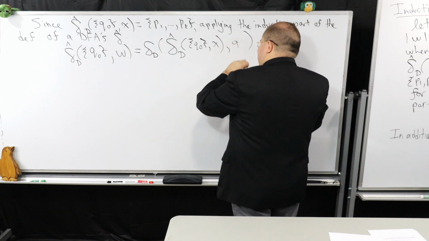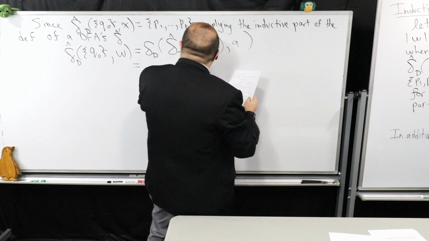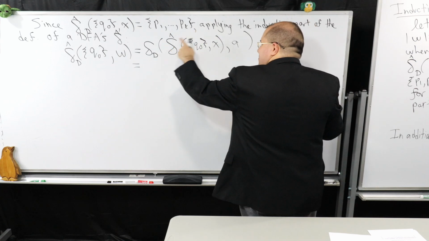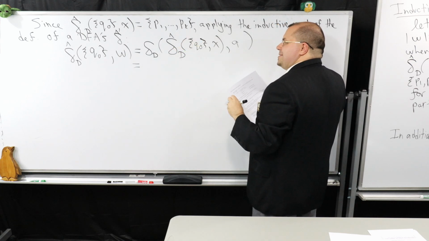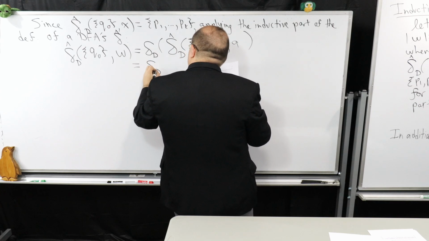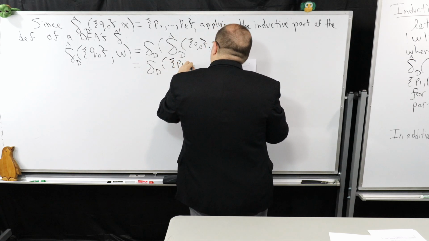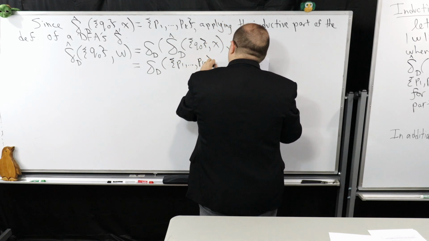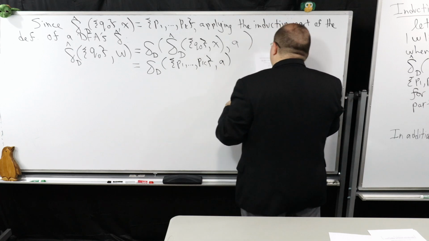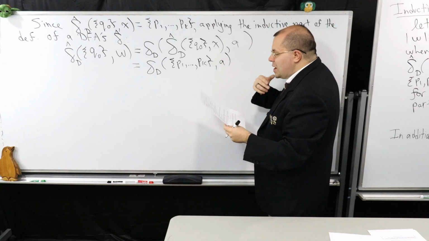A, exactly. Now, what's this? It's up there, it's P1 all the way up to Pk. So delta D of P1 all the way up to Pk, given symbol A. But what is this? This looks rather interesting.